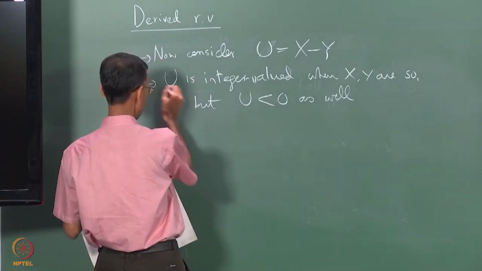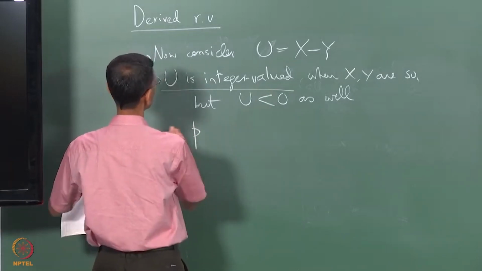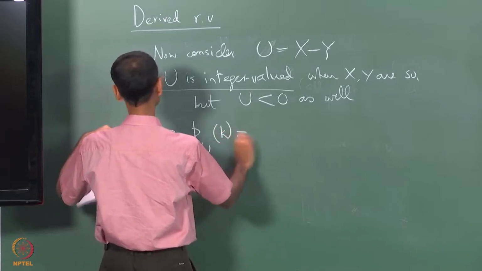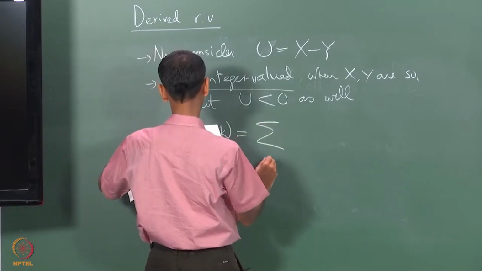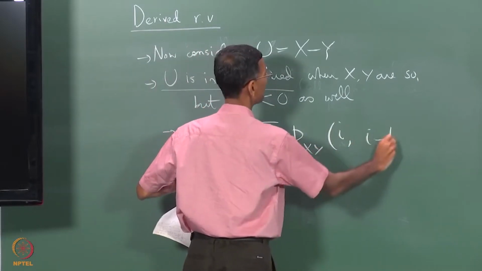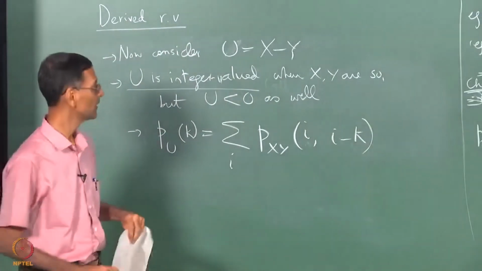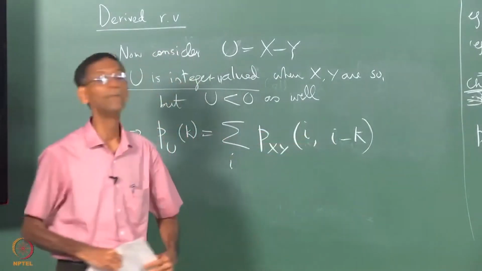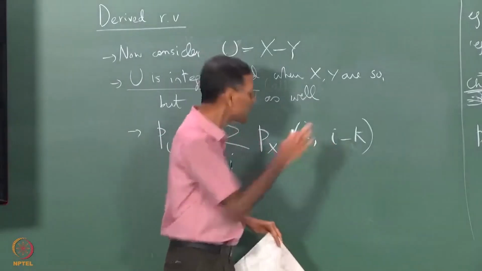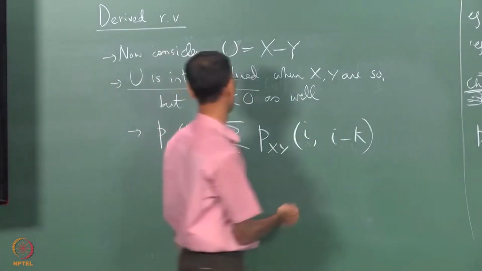So let us take this case of u integer valued. It turns out that p_u of k is the double summation over the i of interest of p_xy. If I put i here, I must put i minus k here. Why i minus k? Because this difference is k, but k can be positive or negative.